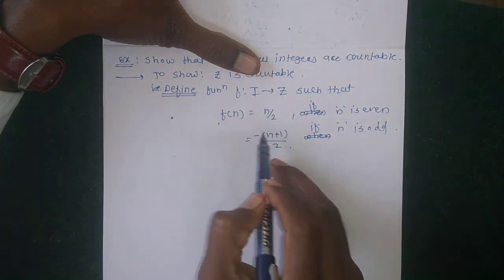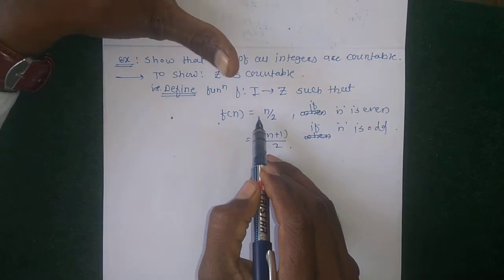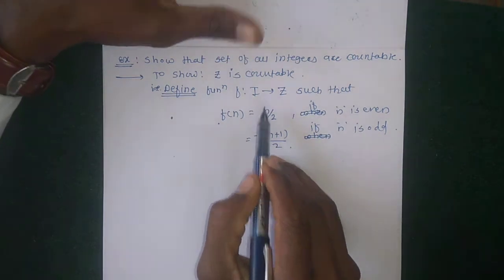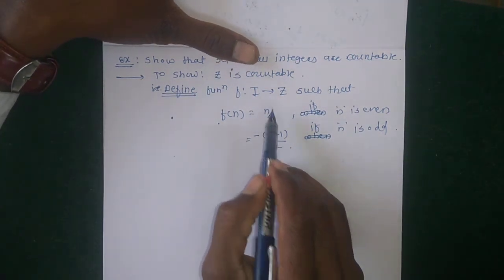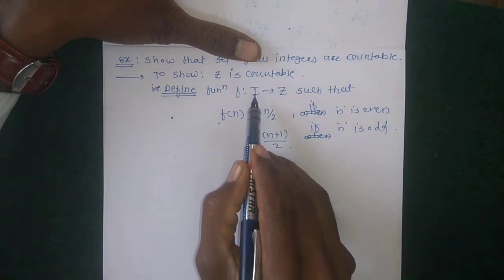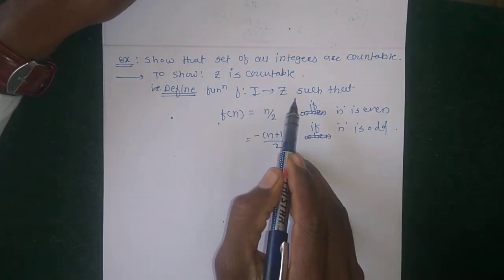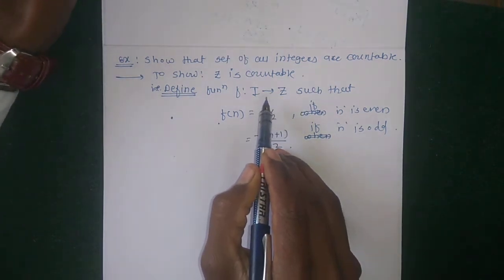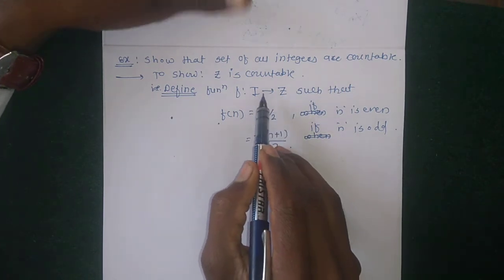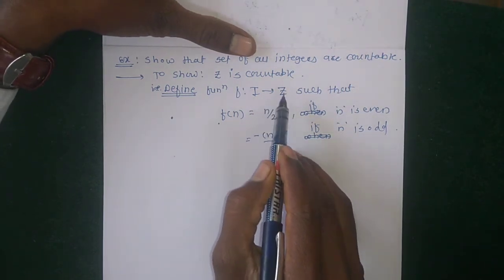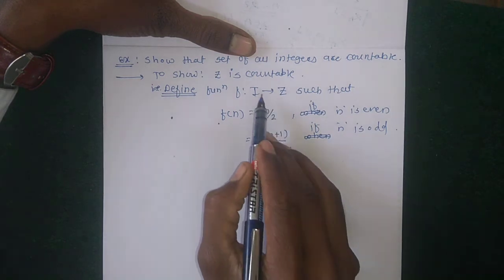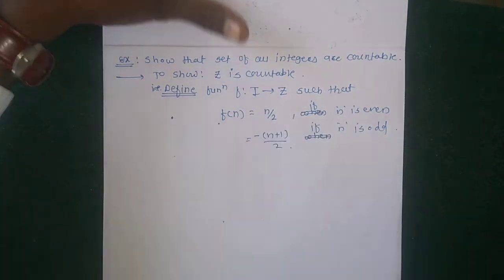Okay, and to show that this function is bijective. If the given function is bijective, then I and Z are equivalent, meaning a one-to-one correspondence exists between these sets, therefore I and Z are equivalent sets, that is Z is a countable set.